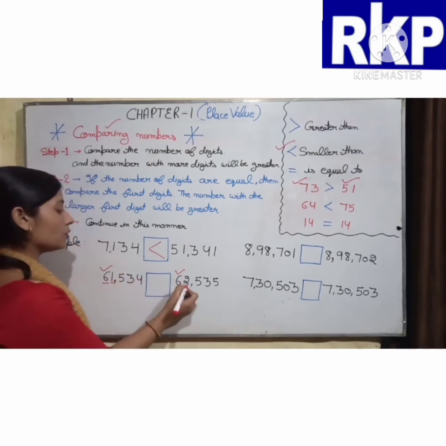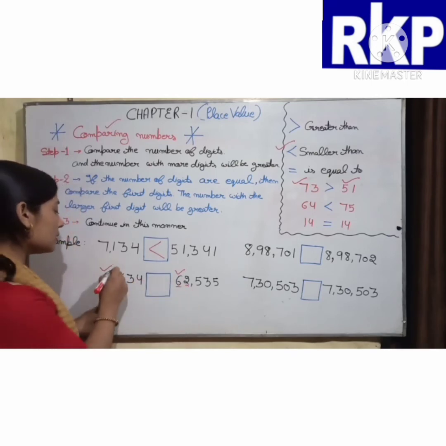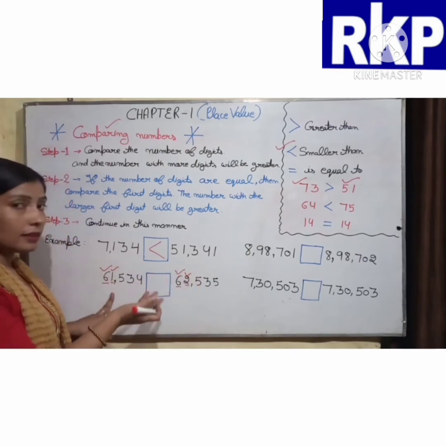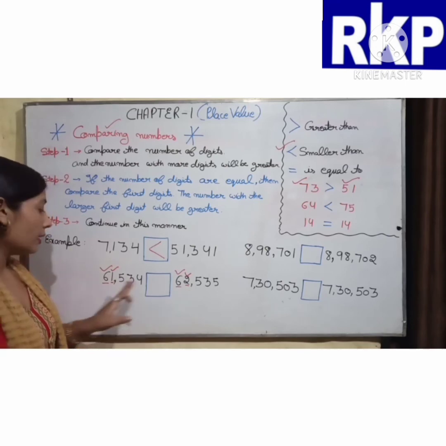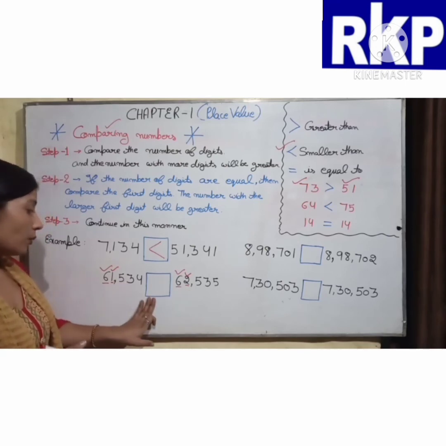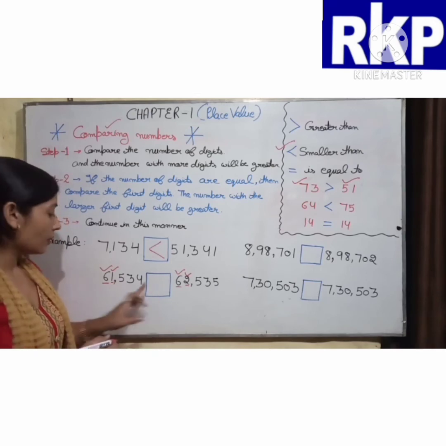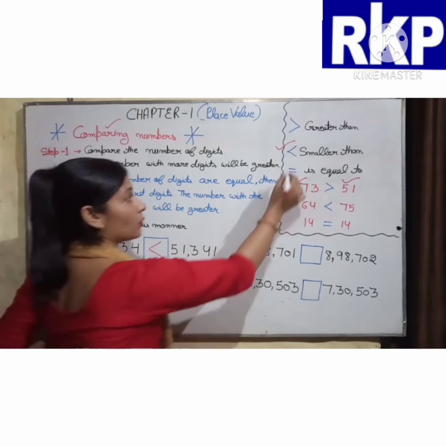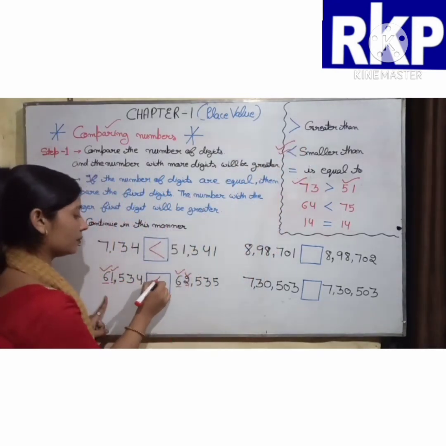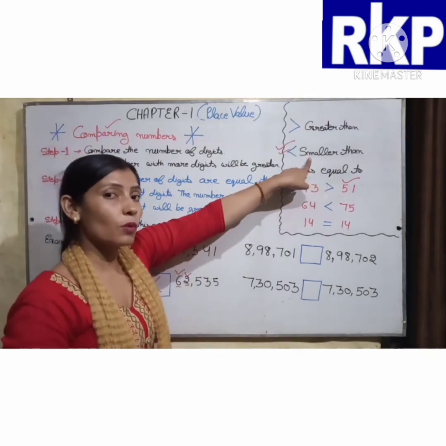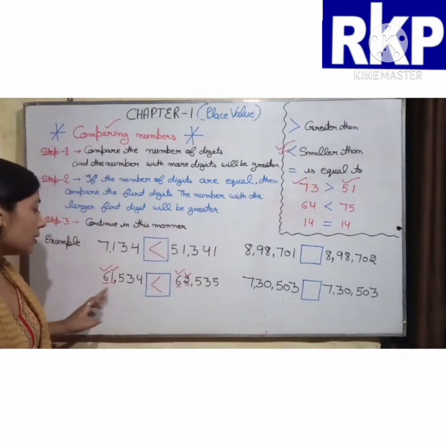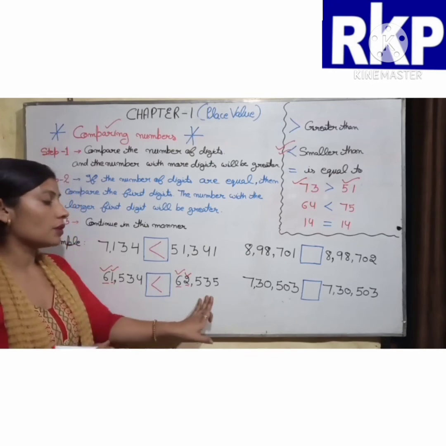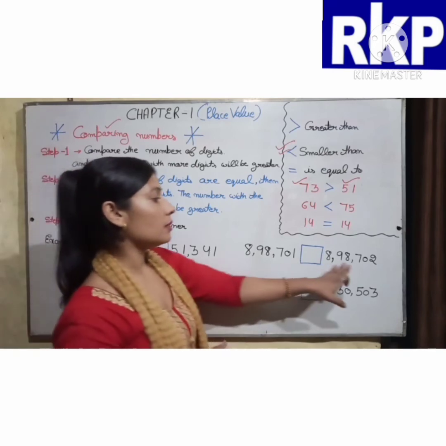Here 1 and here we have 2. So which one is greater? 2 is greater, and 1 is smaller. So which symbol we have to put here? This number is smaller than this. So we have to use again the symbol of smaller than. Now we can say 61,534 is smaller than 62,535.